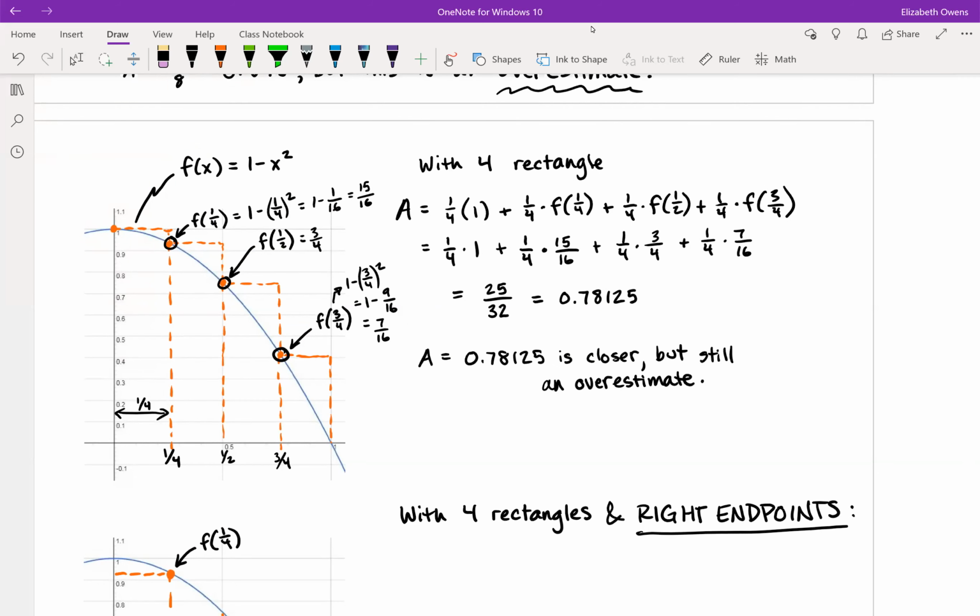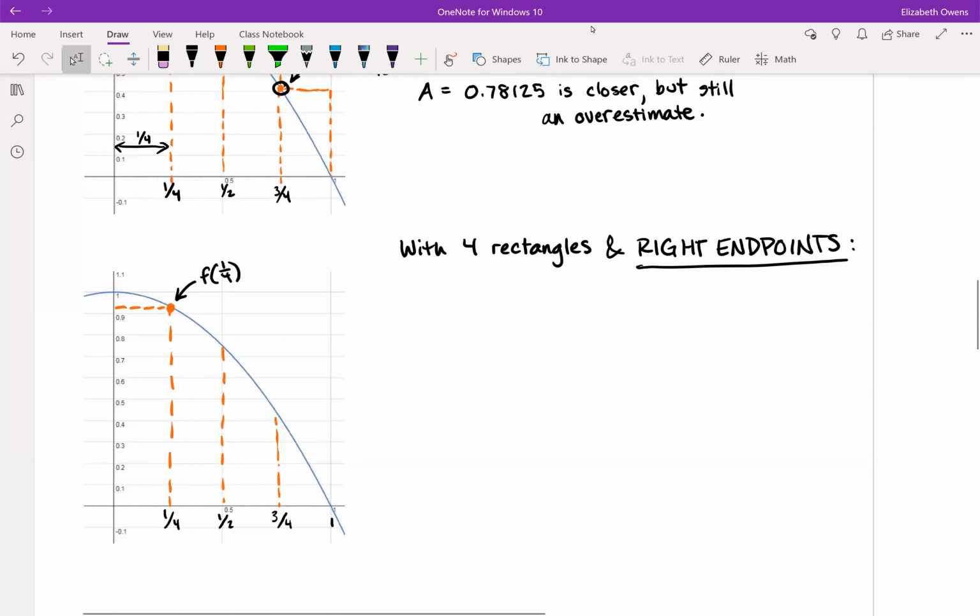So we can clarify that up here now with 4 rectangles and left endpoints. We didn't know there was an alternative at the time, but there is. Left endpoints up there. Now down here, we're going to use right endpoints. So that's how we set the height of that first rectangle.